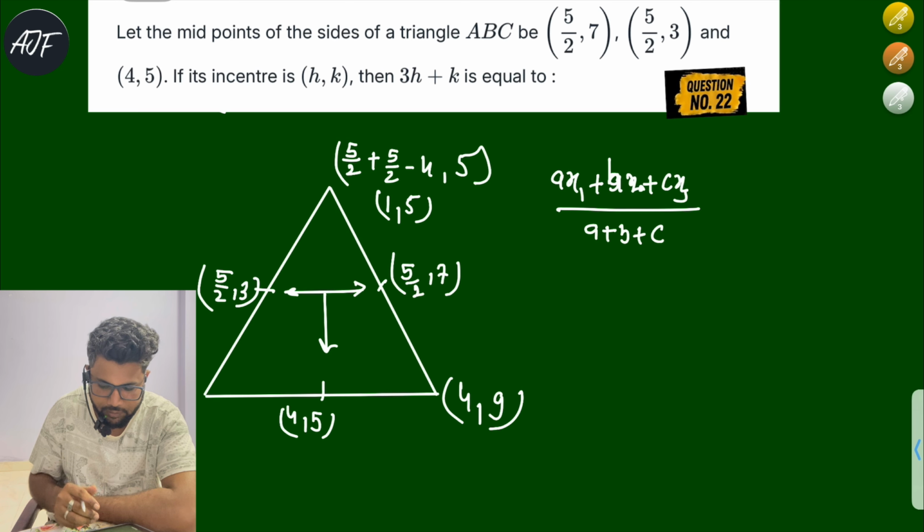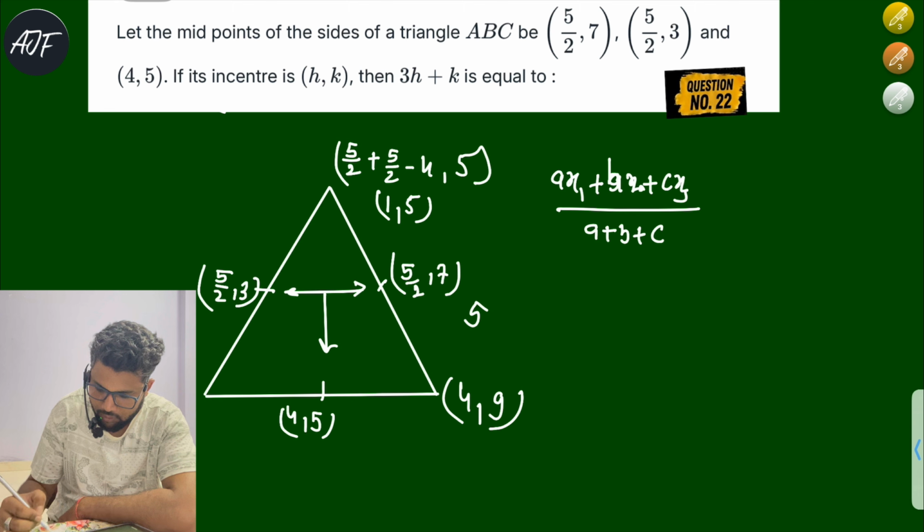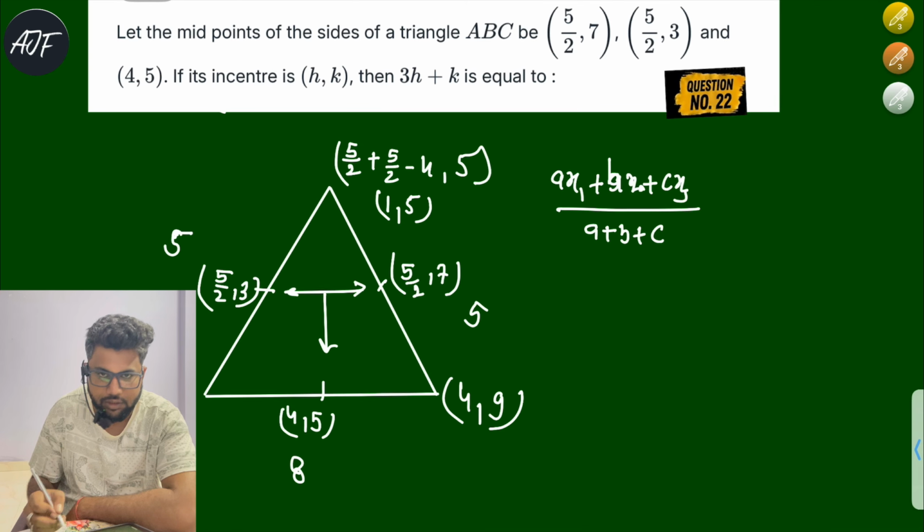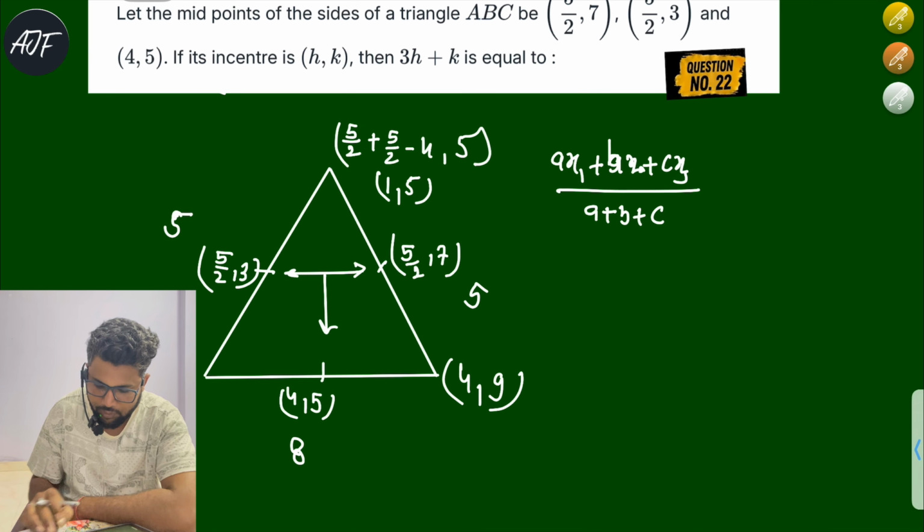So firstly find the distances. Between (4, 1) and (1, 5): 3 square plus 4 square is 5. Similarly this one is also 5, right? And the distance between the points with 4 and 4, and 9 minus 1, is 8. So these are the distances.